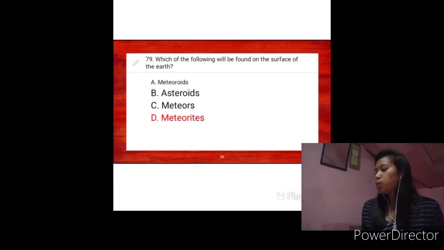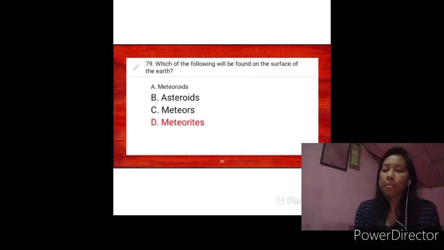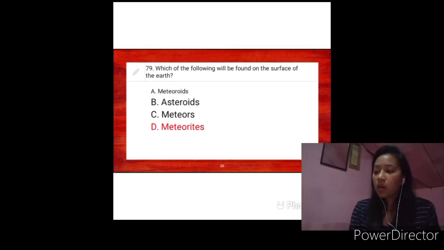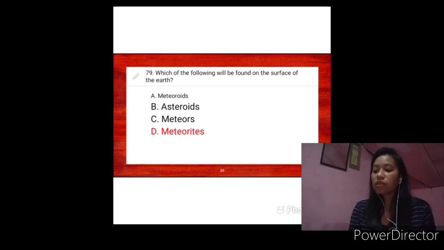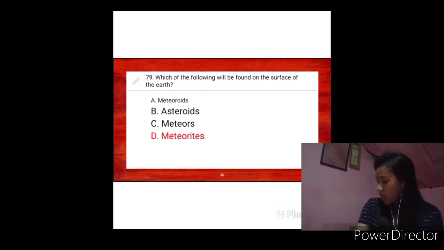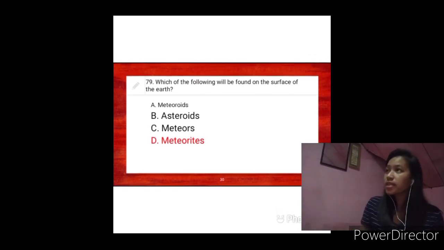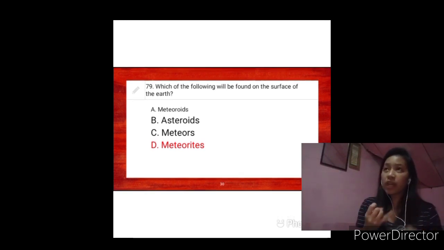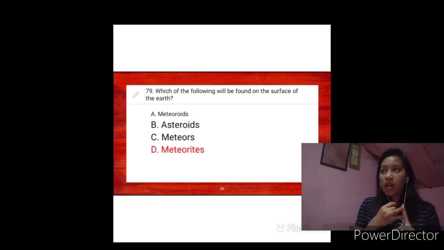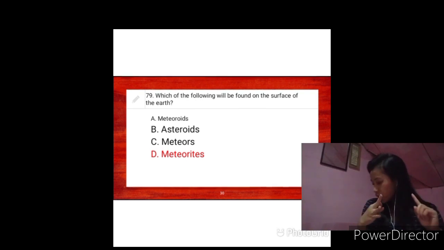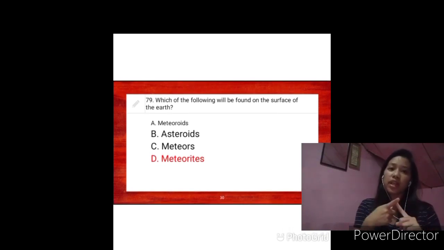So let's proceed to number 79. Which of the following can be found on the surface of the earth? The choices there are meteoroid, asteroid, meteors, and meteorites.